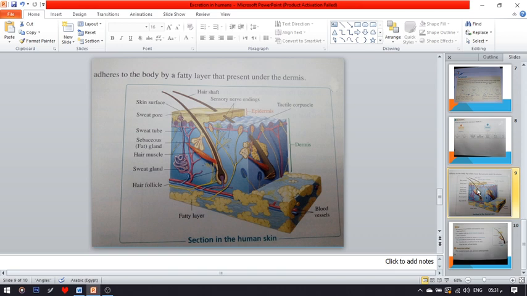It is worn out and continually compensated from beneath, because our skin is subjected to friction all the time. For example, by using a towel, rubbing your hands together, washing your hands, and so on.